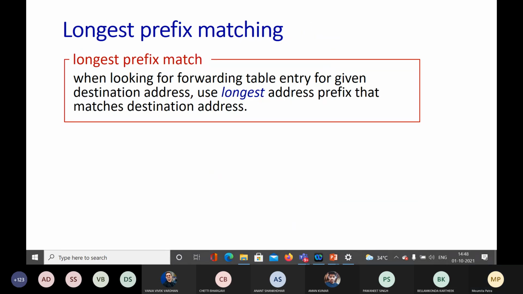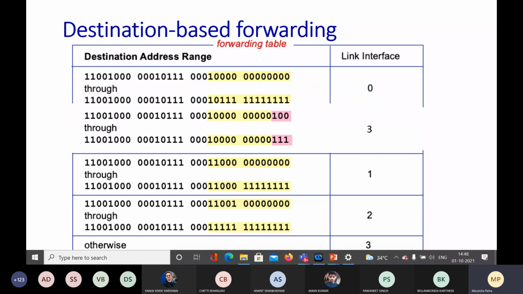As I was telling you, categorization or division of such ranges is a difficult task, or it may not be there at some point.